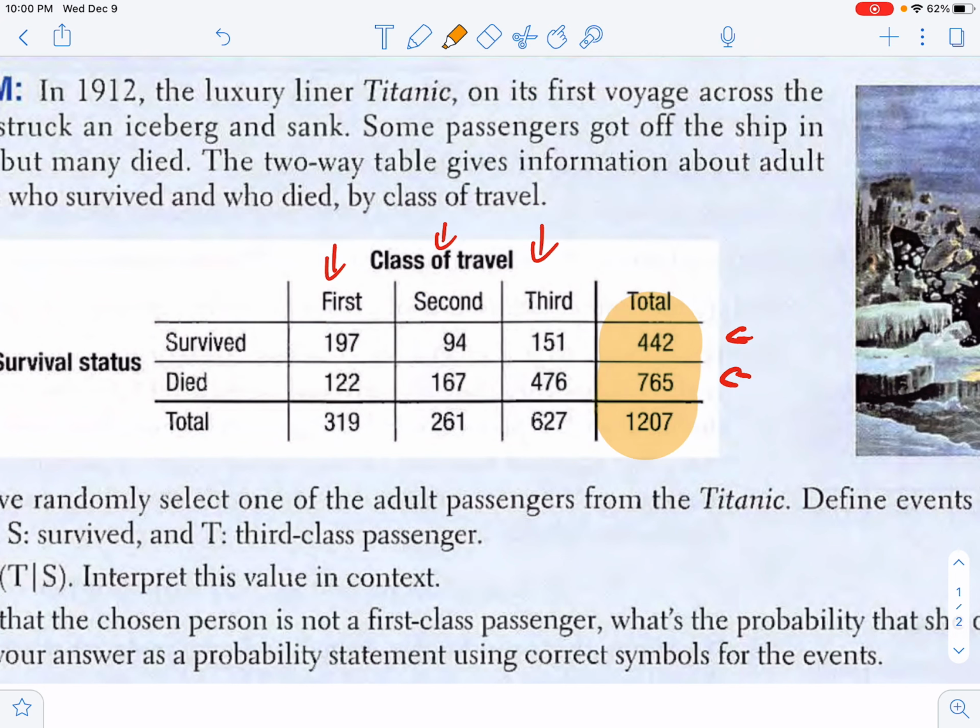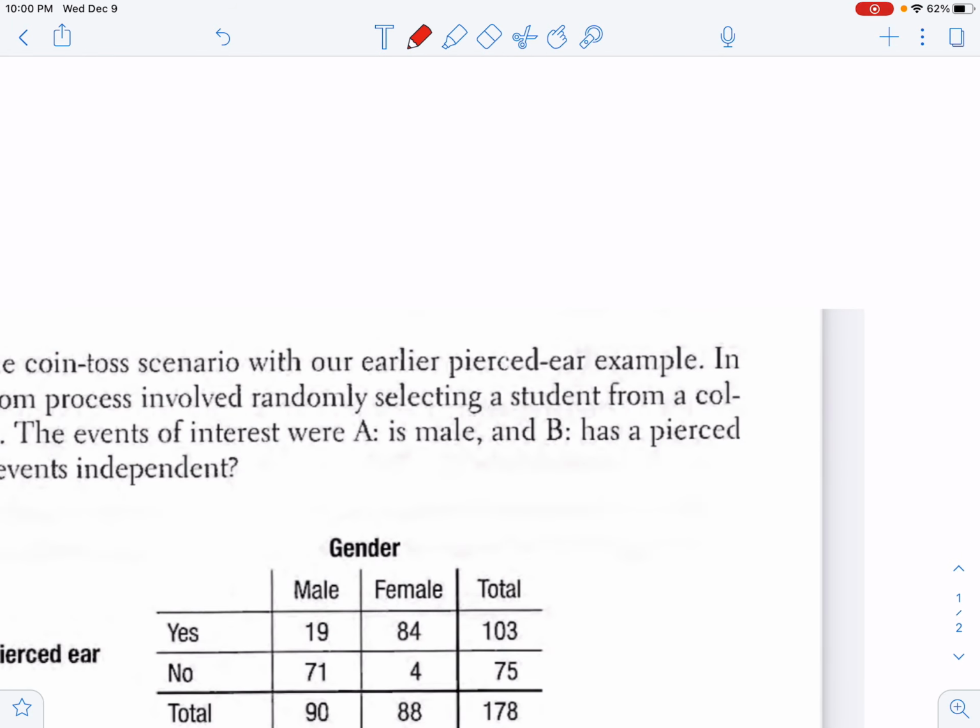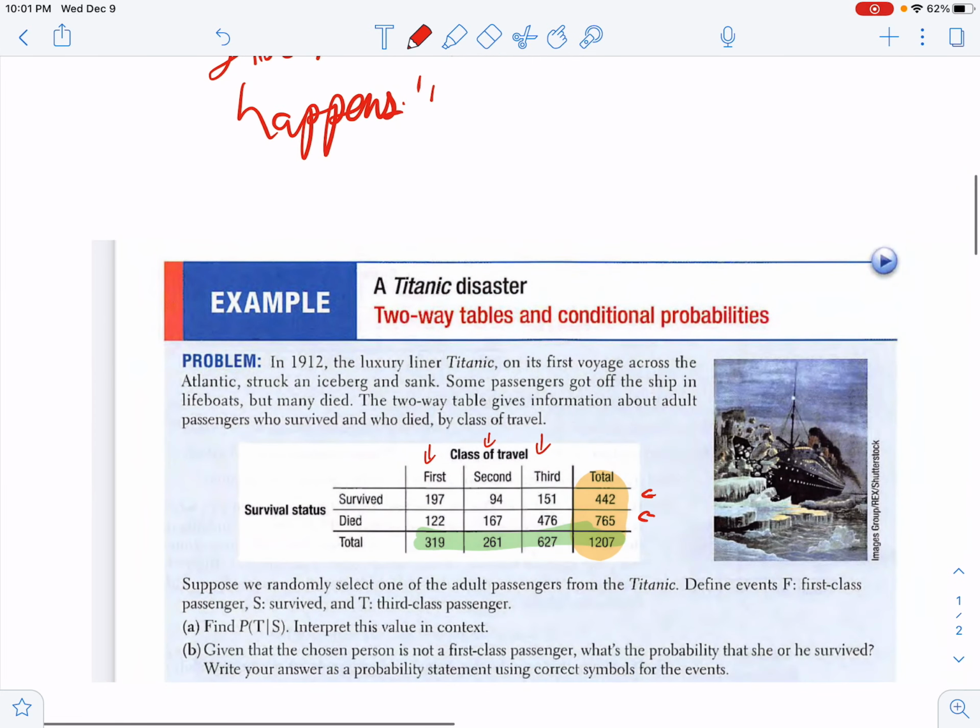These are our totals for our columns, and this is the total number of passengers. Right here's the total number of passengers on the Titanic.